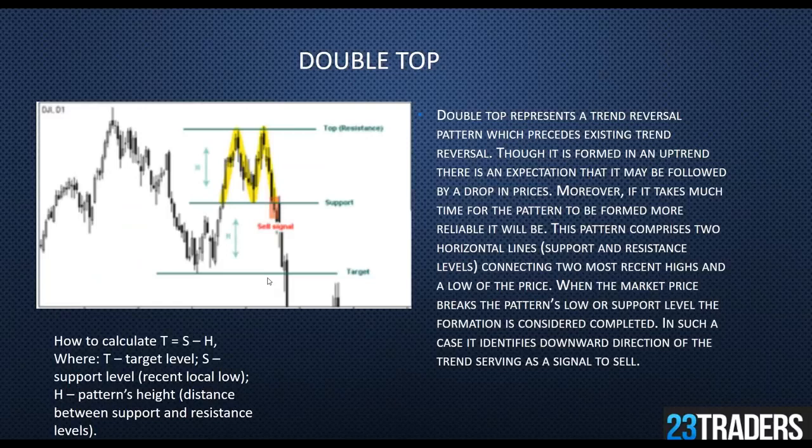Your target is S, your support line, which would be the bottom of, see the double top here? Up, down, up, down. So our target would be T equals S, the support level. Say for gold, this was 1,200.